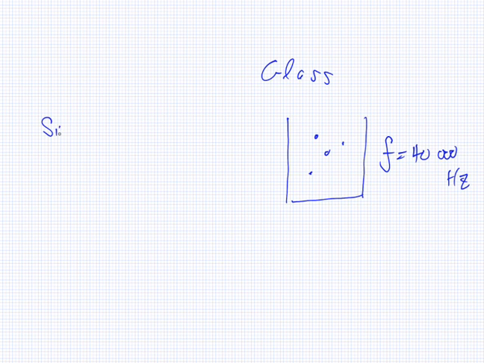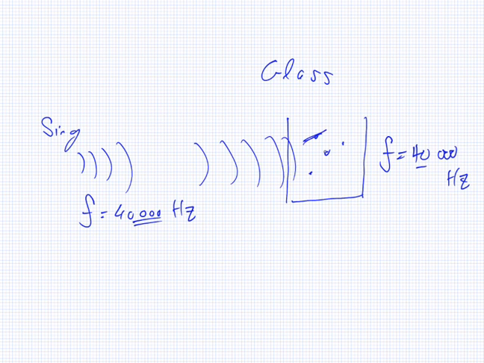So they're moving really fast, aren't they? If this person that's singing can sing at exactly the same frequency, then when the sound hits the glass, it causes these to shake a lot. And if they shake enough, then it will break. Okay? So this is called resonance.